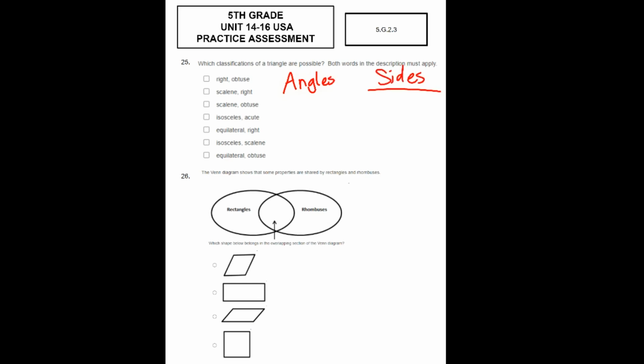So remember, the sides can be scalene, because that means that the sides don't equal. It could be isosceles. That means that 2 of the sides are equal. It could be equilateral. That means all of the sides are equal. And then for the angles, it could be acute, a right angle, or an obtuse angle.